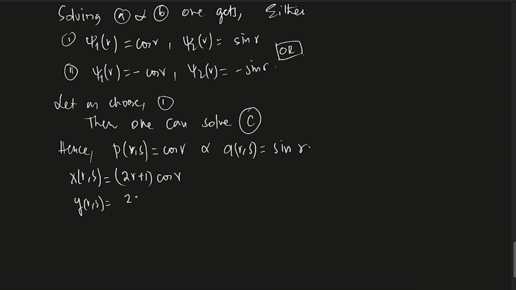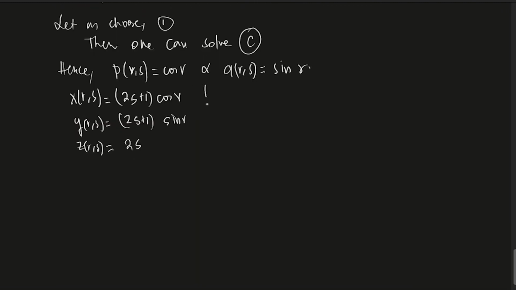Y of R, S is 2S plus 1 times sine of R, and Z of R, S is 2S. Please check this part; it is not very difficult to see, but please check.